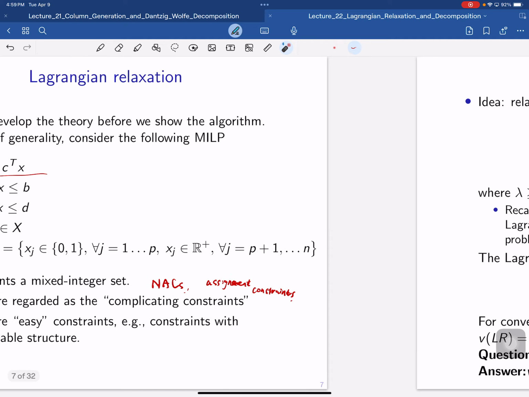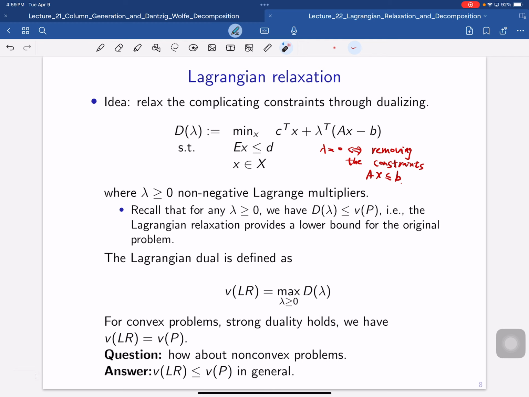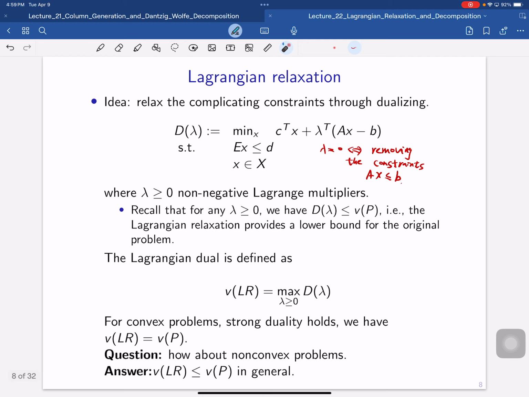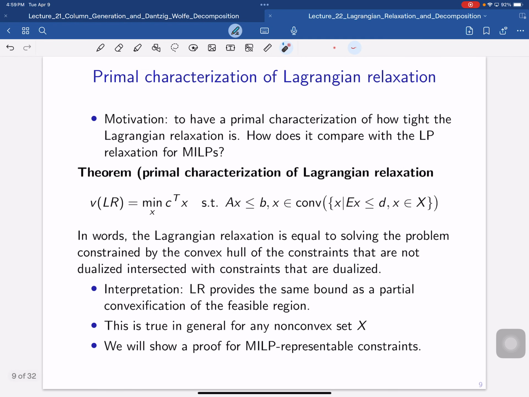When you do the Lagrangian dual, recall that we are dualizing those Ax less than or equal to b constraints. Those are the complicating constraints. The rest of the constraints, let's call them Ex less than or equal to d, are the so-called non-complicating constraints. You are still solving the problem with Ex less than or equal to d, and x belonging to capital X represents the integrality constraints. Those two are the constraints you did not dualize when you calculate the Lagrangian dual; they are left in the problem.